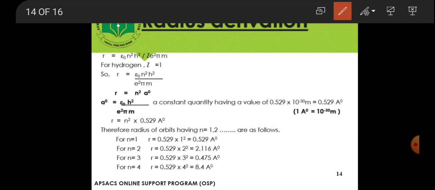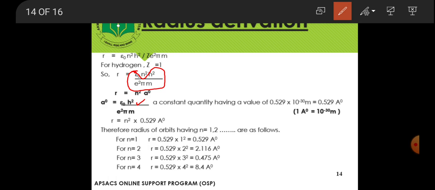So we will get an equation r is equal to n square multiplied by a naught. What is a naught? A naught is equal to this constant factor, that is, a naught is equal to epsilon naught h square over e square pi m.